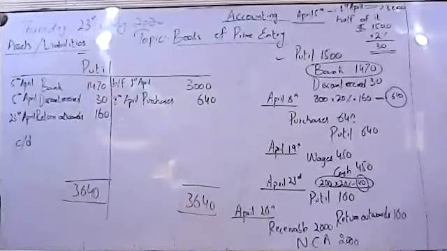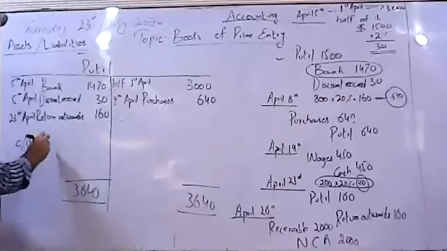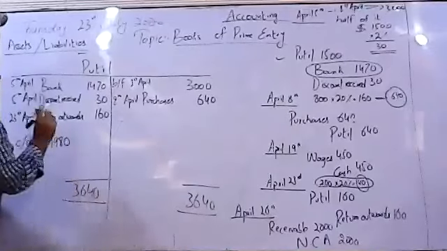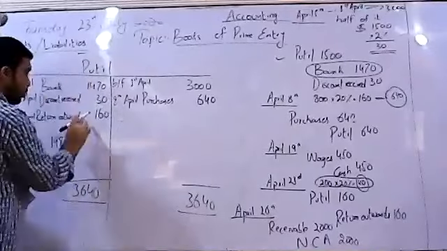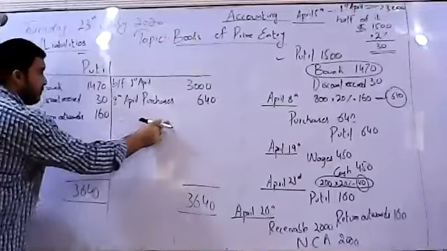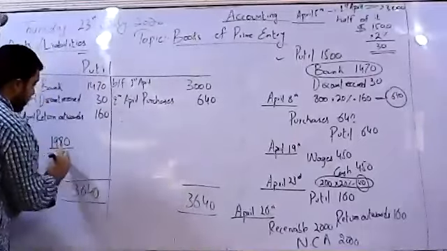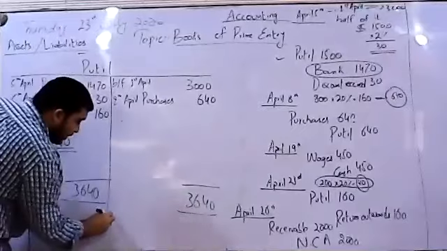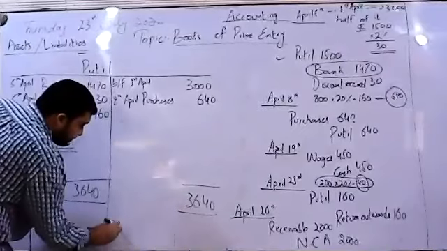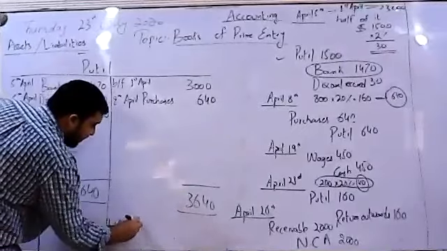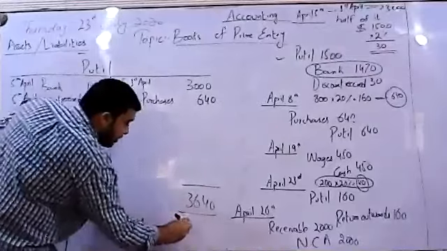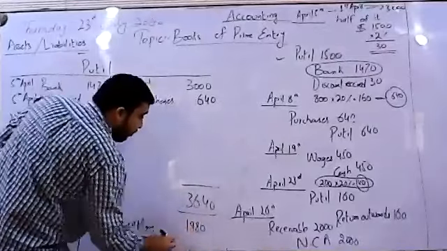And the C/D balance for this particular T account would be 1980 after we have deducted the total of the lower side from the higher side. So the brought forward on 1st May is 1980 for Putel's account.